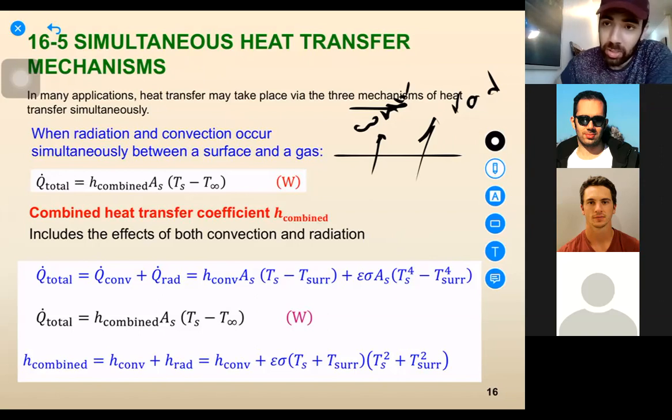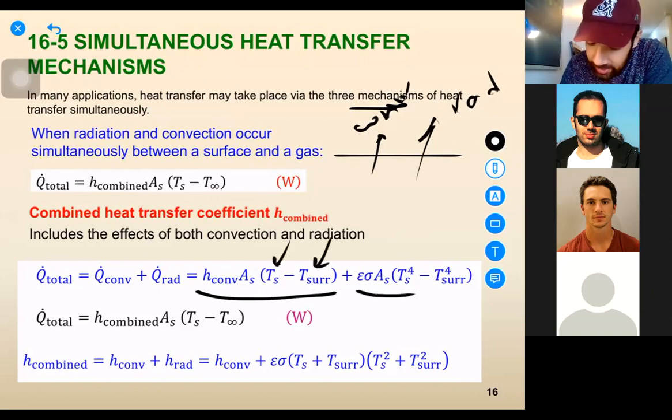The convection heat is denoted with the H of convection times the surface area times the temperature difference between the surface and the surrounding. The next term, which is for radiation, is the epsilon, which was the emissivity term, times the Stefan-Boltzmann constant times the surface area, and the next term is each of those temperatures to the power of 4 subtracted from each other.